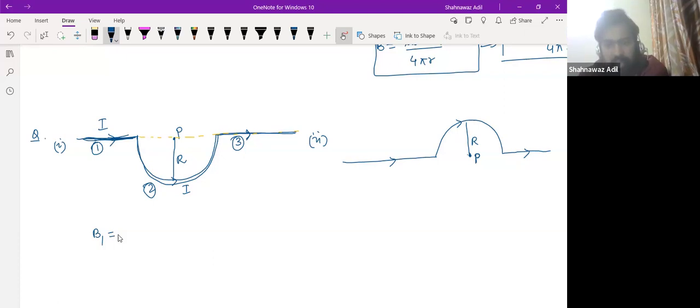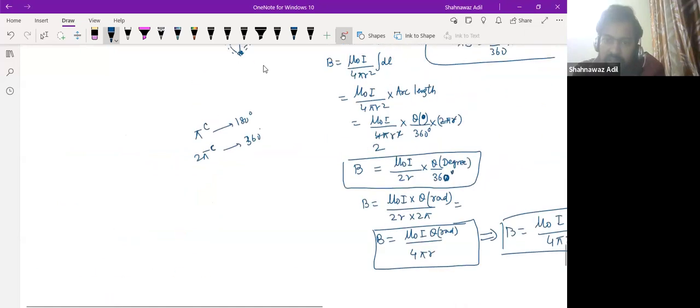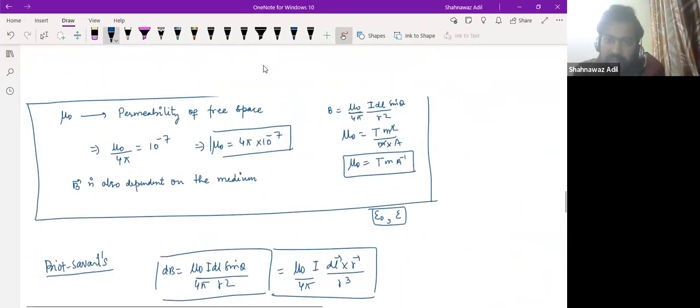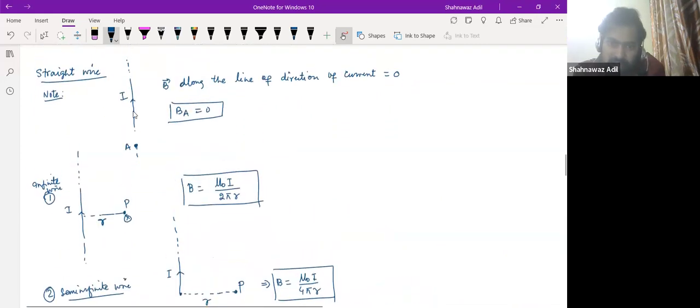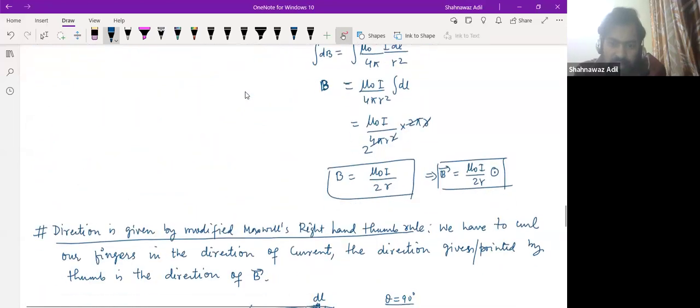Let me just revise that part for you. We studied that if this is the flow of the current, and we calculate the magnetic field along the line of current, that is zero. So this P1 will be zero.